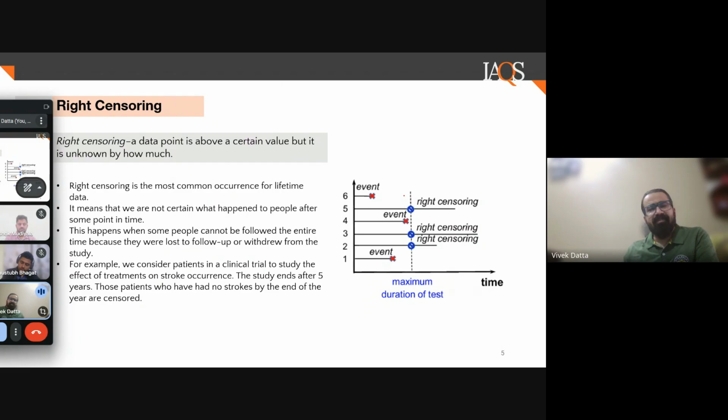How does it create bias? I'll tell you. In this example, if this person withdrew because he found the course tough, that is telling me the people who remain in the study are smarter than him.